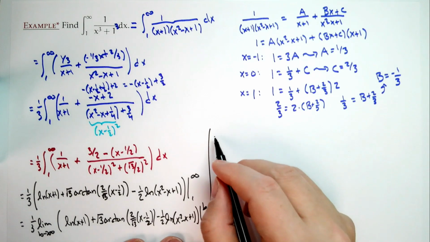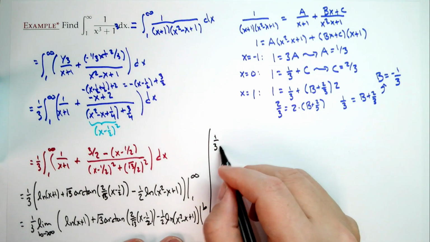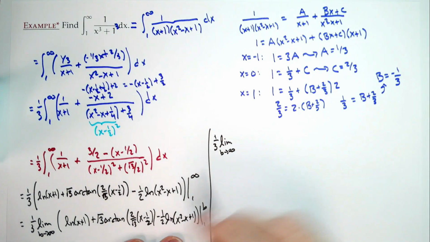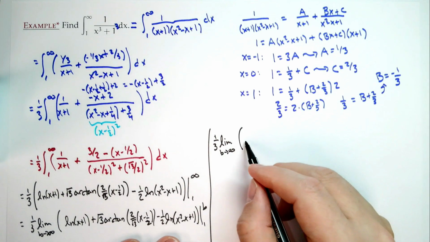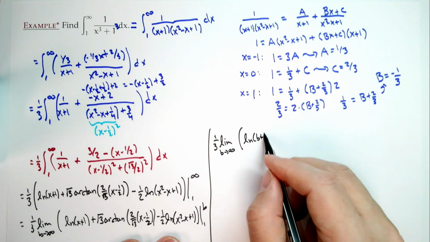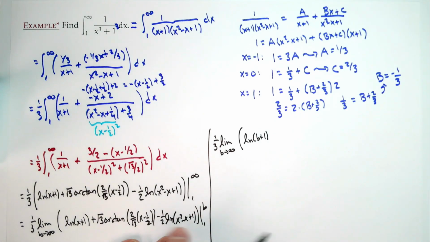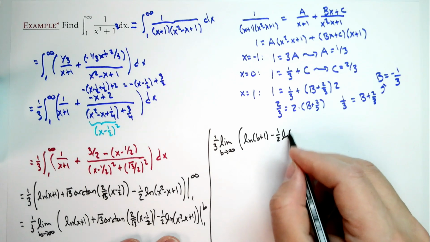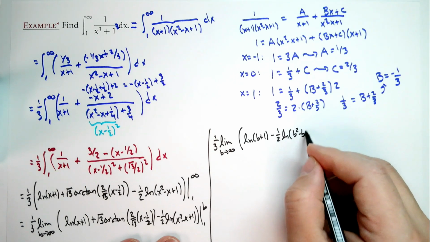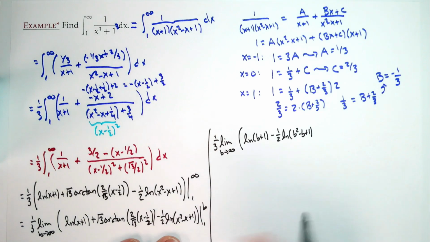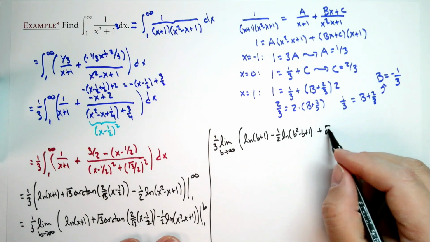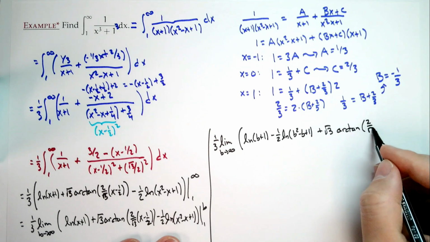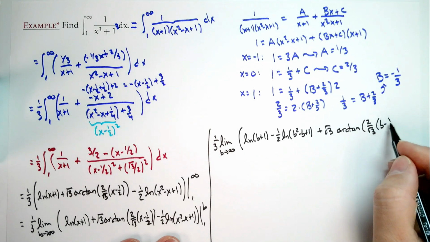We plug in b. So 1/3 limit b goes to infinity of log of b plus 1. And I'm going to put the logs next to each other. So minus 1/2 log b squared minus b plus 1. And then plus square root of 3 arctangent of 2 over square root of 3 b minus 1/2.